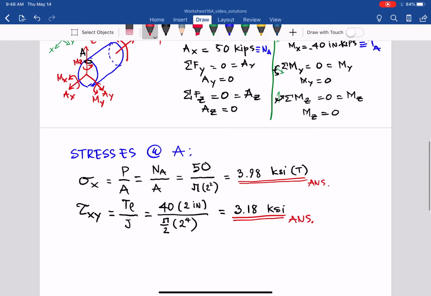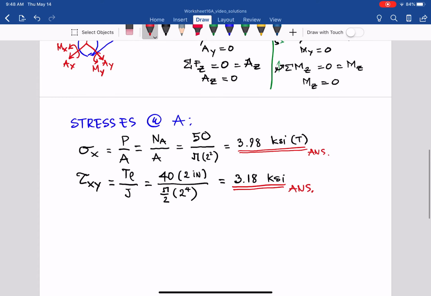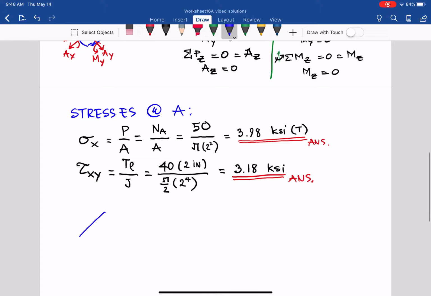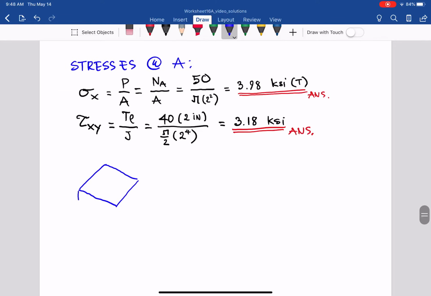So at A, with the axes in XYZ order, we can draw the XYZ components. So we have a cube like that.